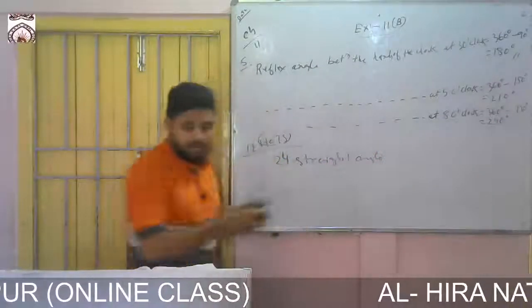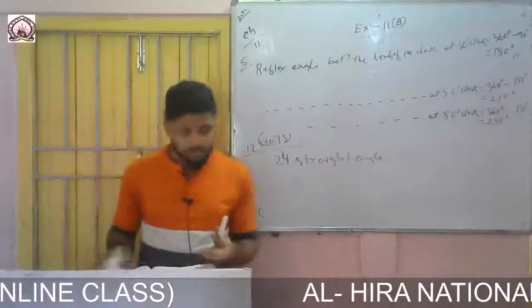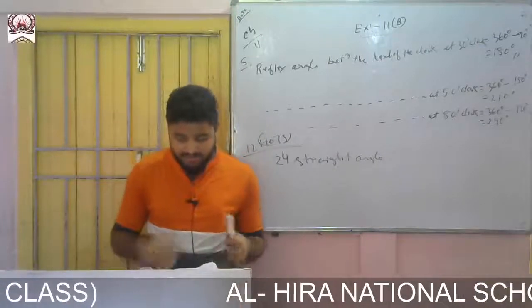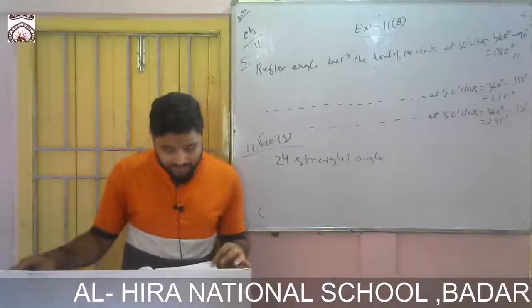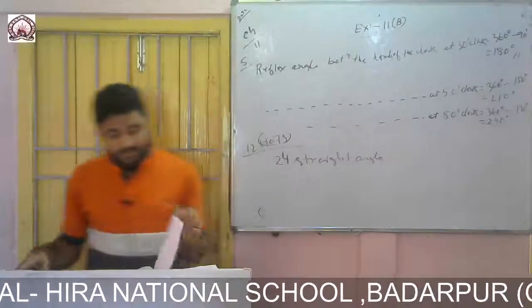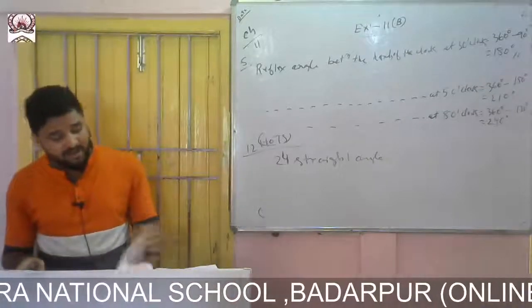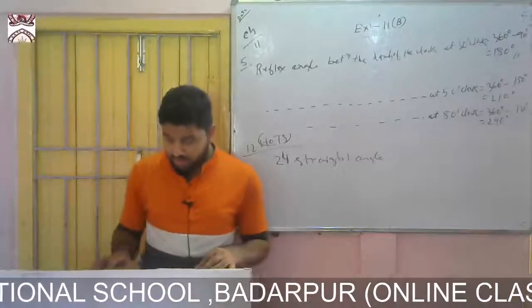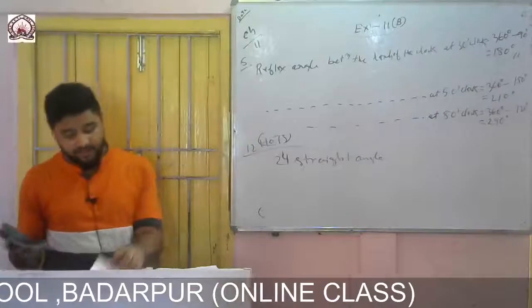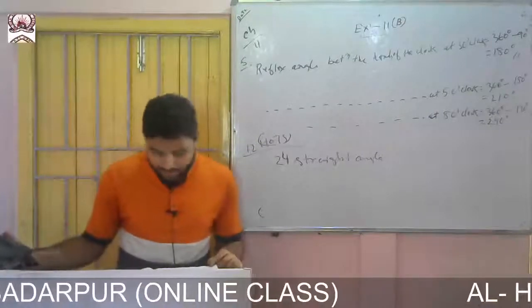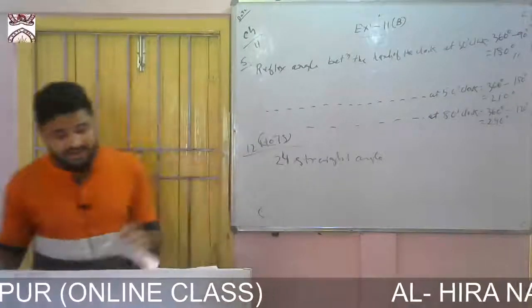Okay. Now let us move to the next exercise, Exercise 11C. Name the pairs of the perpendicular and parallel lines in each of the following diagrams. Before solving exercise 11C, I need to discuss the parallel lines and the intersecting lines.